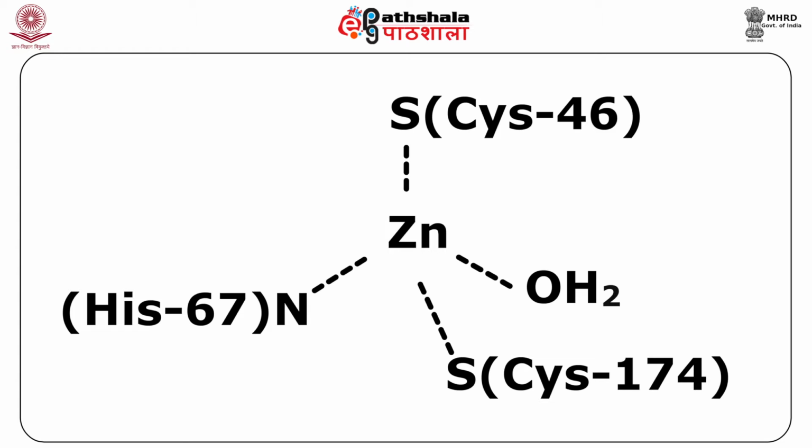It has a coordination number of 4 and is ligated to 2 cysteinate sulfur atoms from cysteine 46 and cysteine 174, one N-epsilon 2 nitrogen of histidine 67 and a water molecule. The coordination geometry is distorted tetrahedral.